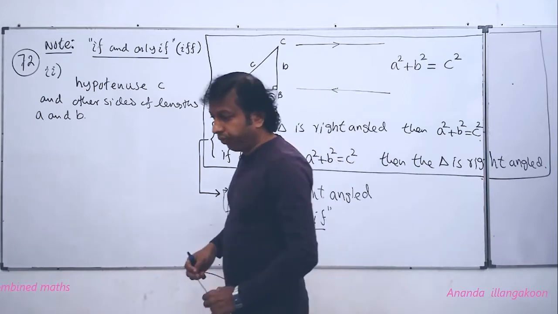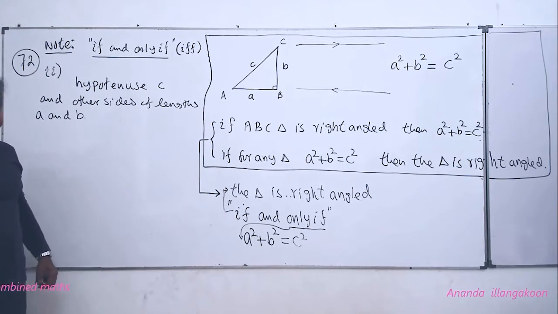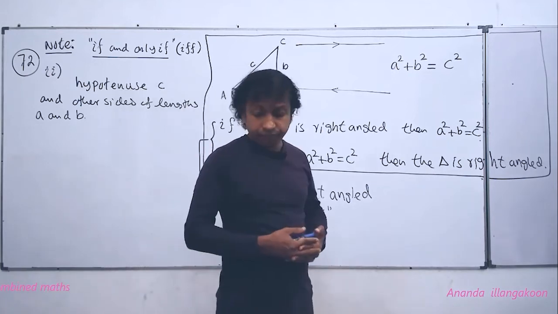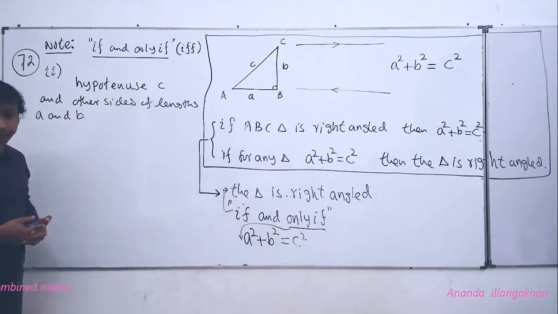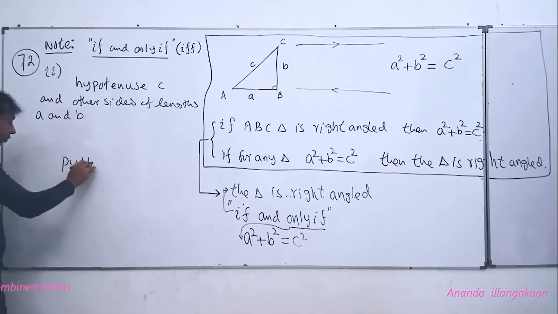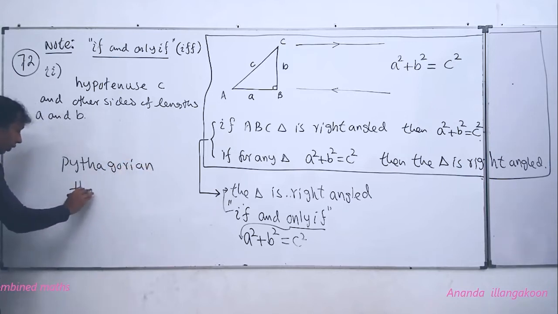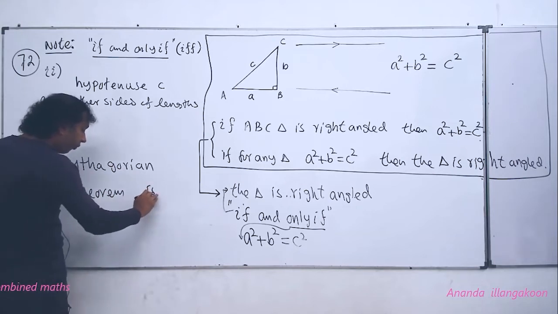We know that for any right angled triangle, the Pythagorean theorem is true.